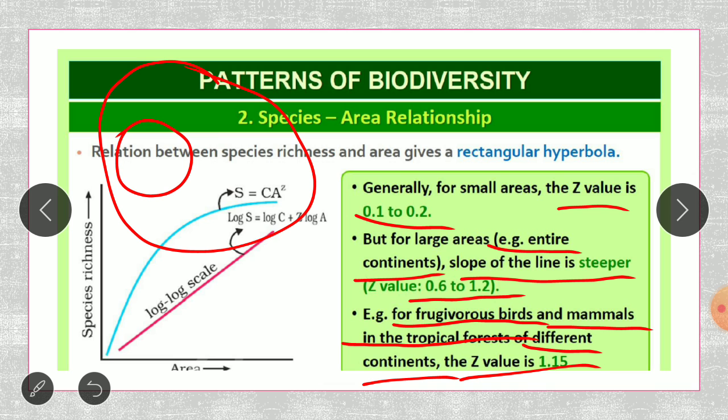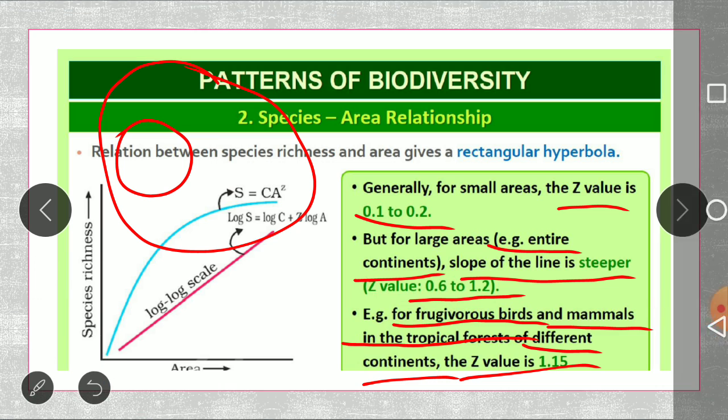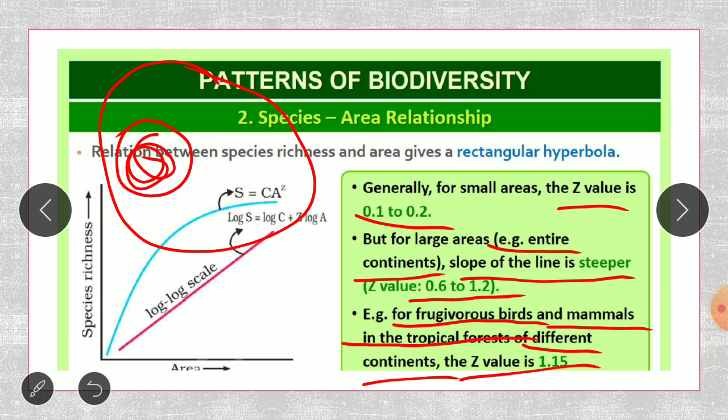So only remember here, if we take this Z value for a small area, then it is less, 0.1 to 0.2. But if we take it for a large area, like an entire continent, then the Z value is going to be more. Example for that is the frugivorous birds and animals, because for these, the Z value is 1.5.